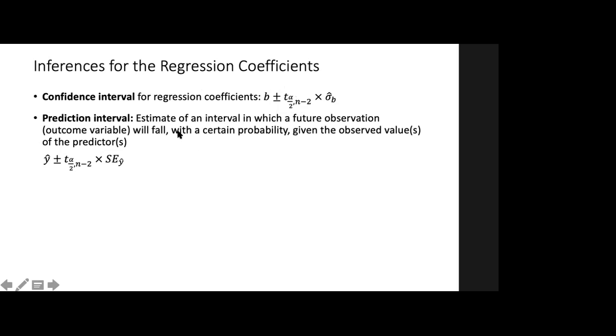Another thing that we can calculate in a regression analysis is a prediction interval. It's a confidence interval for our predicted values, not for our regression coefficients themselves. Basically it's just a confidence band.